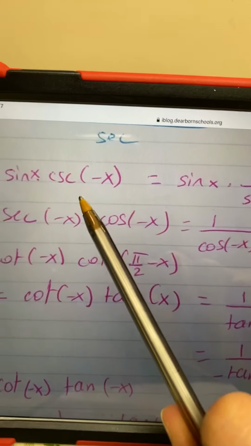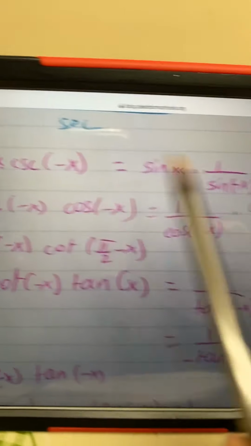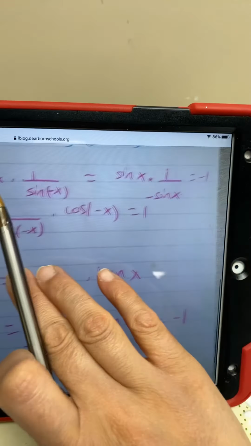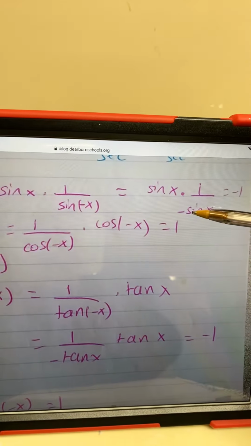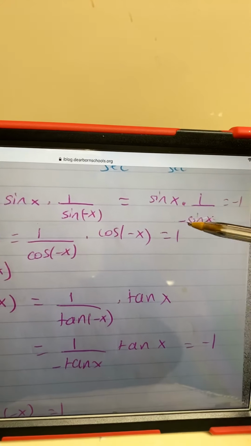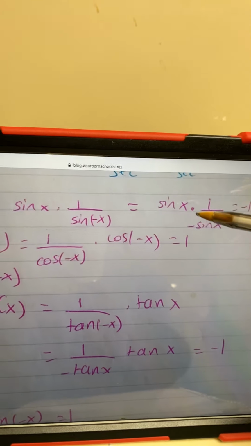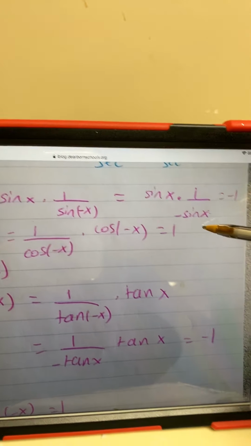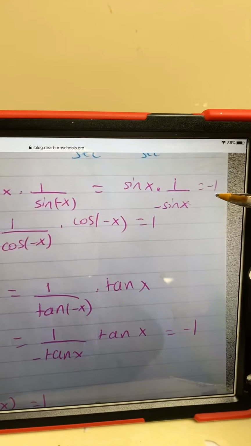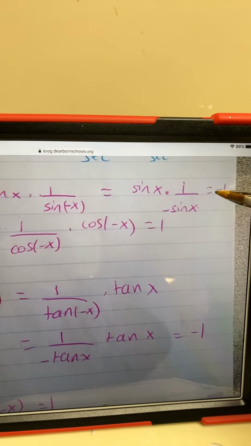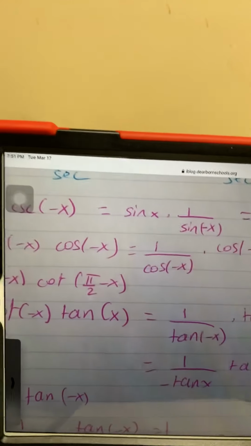That's why I rewrite it as 1 over sine of negative x, which is, in a separate step, 1 over negative sine of x. So those two are opposite of each other because sine is odd. Now, they simplify to a negative 1. The negative stays here, sines cancel out, and 1 over negative 1 is negative 1.